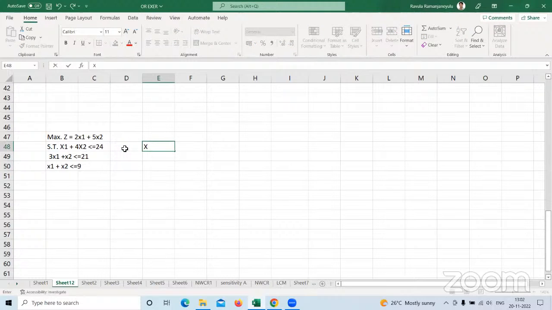What we need to do: x1 plus 4x2 plus 1s1 plus 0s2 plus 0s3 is equal to 24.